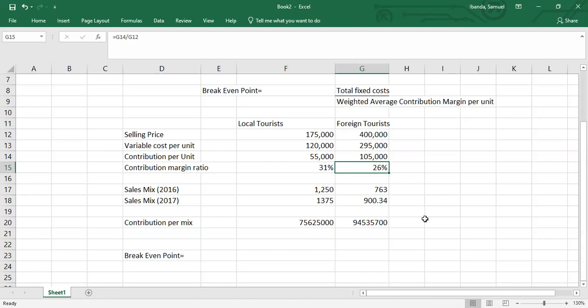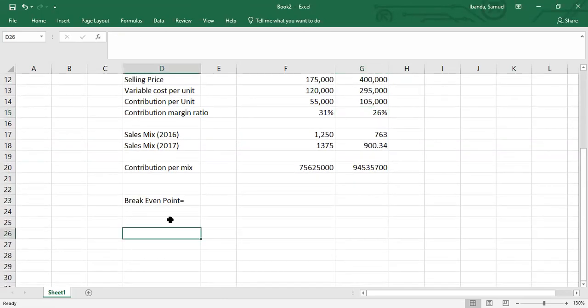With that in mind, the next thing I'll do is calculate my weighted average. How I'll do it, I'll come here and say local tourists, and then I have my foreign tourists.